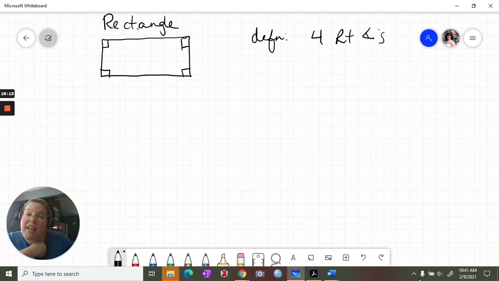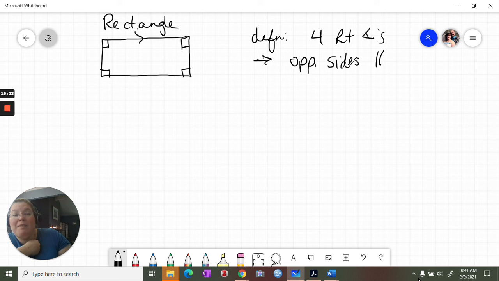If consecutive angles are supplementary, my opposite sides are parallel. So opposite sides are parallel. That means this is also a parallelogram. So everything that's true about a parallelogram is true for a rectangle, plus more. Okay?